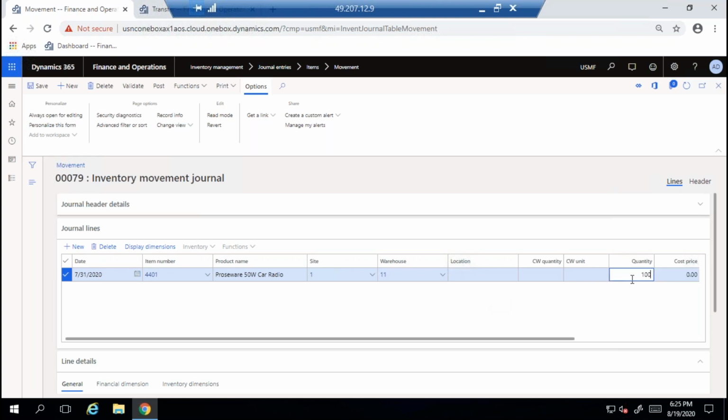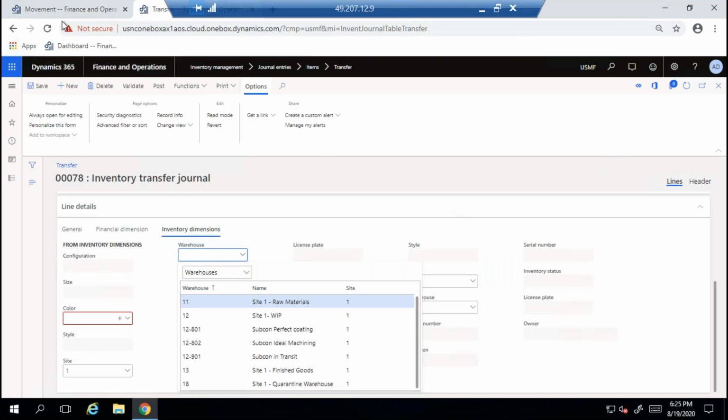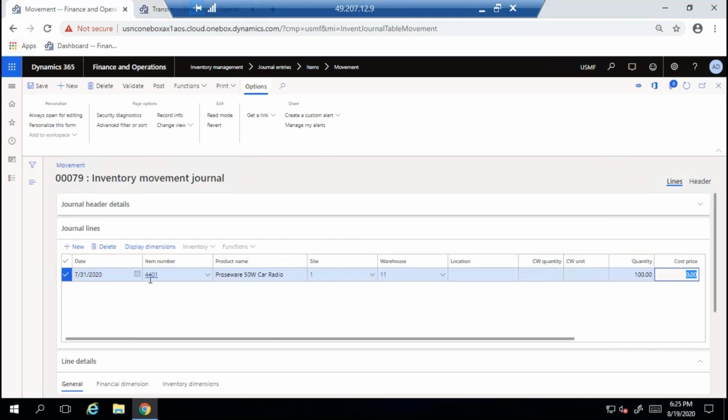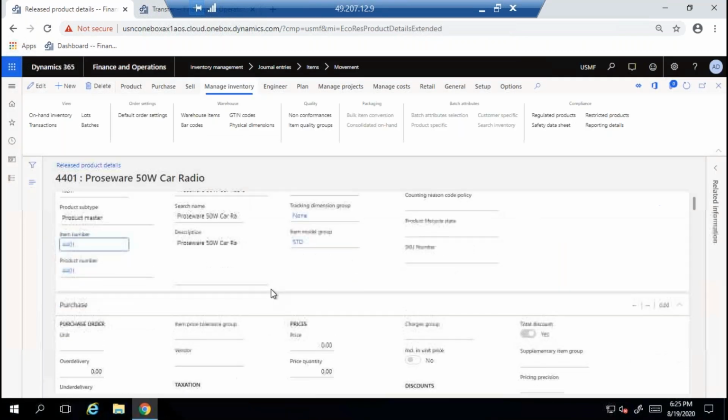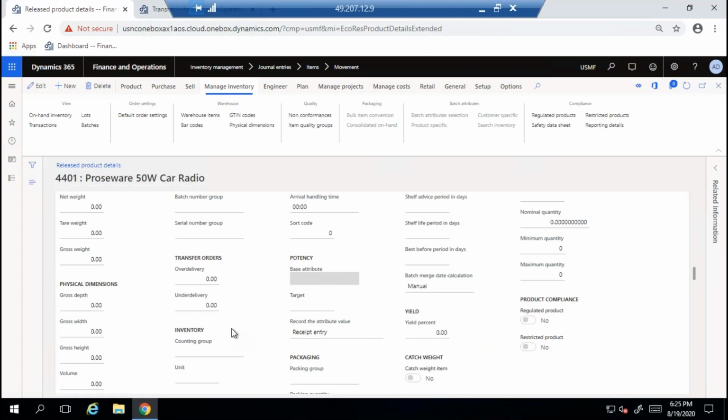Suppose 100 quantity. Now for this item I would like to enter the cost price. Manage costs.